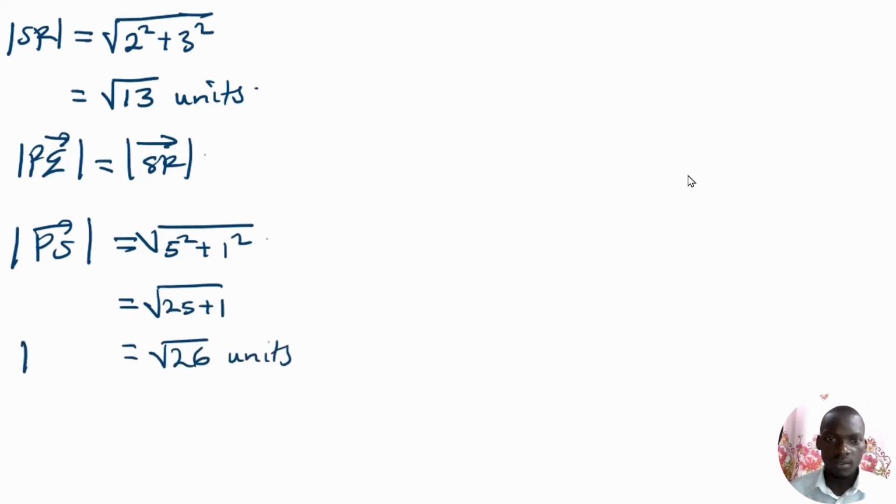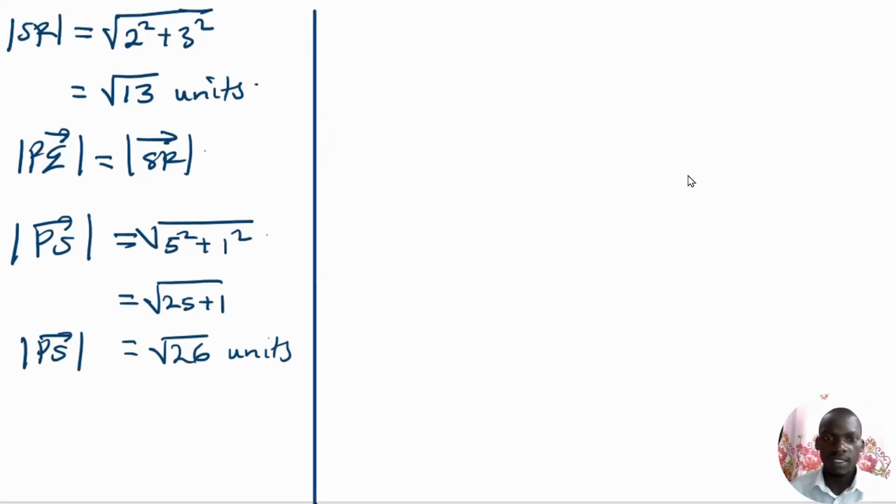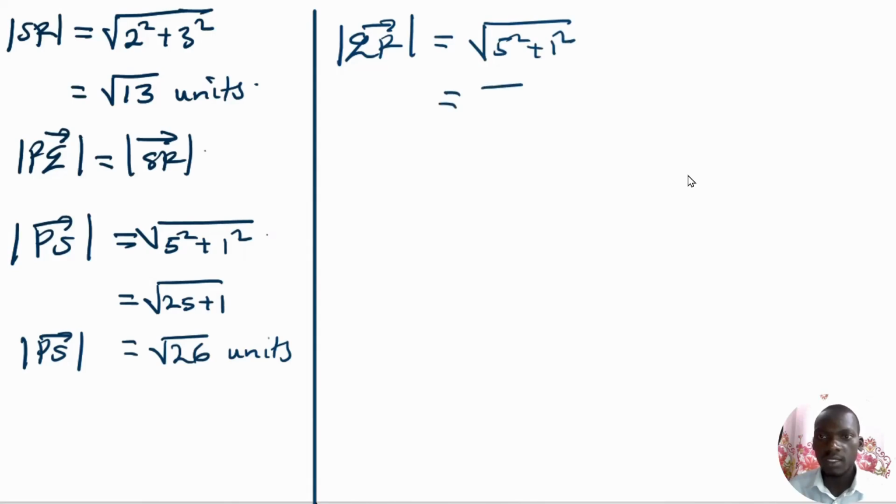This is the magnitude of vector PS. Let us also find the magnitude of vector QR. Remember, vector QR was equal to vector PS, so it equals the square root of 5 squared plus 1 squared, which is the square root of 26 units.